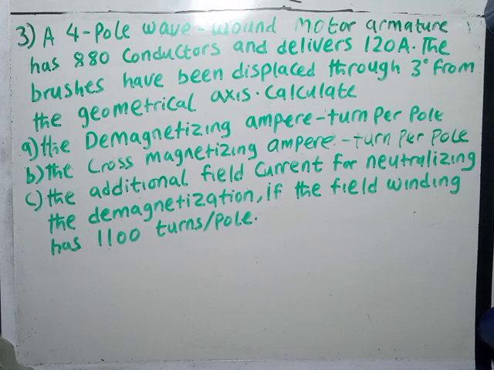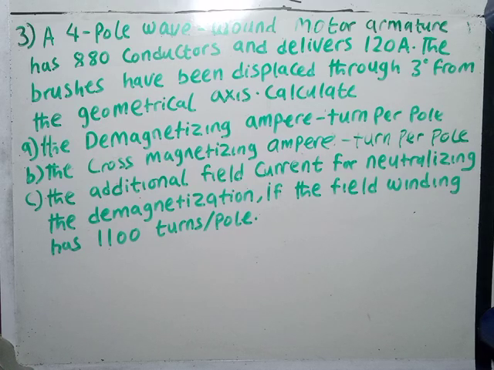Calculate A, the demagnetizing ampere turn per pole, B, the cross magnetizing ampere turn per pole, and C, the additional field current for neutralizing the demagnetization if the field winding has 1100 turn per pole.